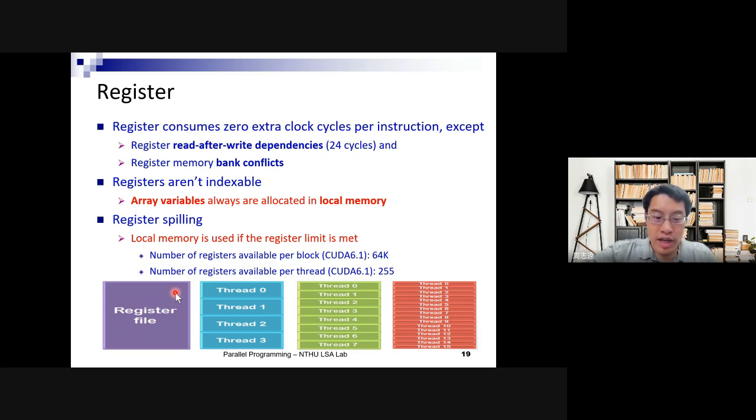So every thread block has a limited size of the register file. For example, maybe it's 100 registers per thread block. So if you have 100 threads on that thread block, then each thread can only be assigned one register. On the other hand, if you run a thread block with just one thread, then that thread can use up to 100 registers.